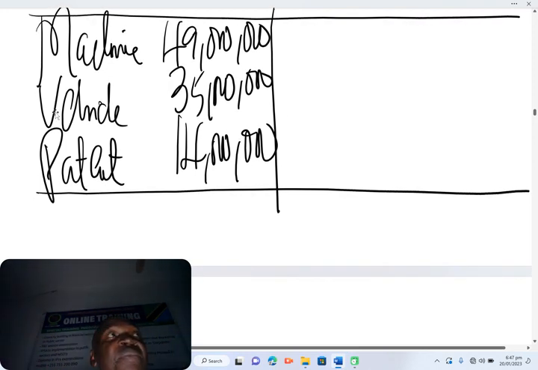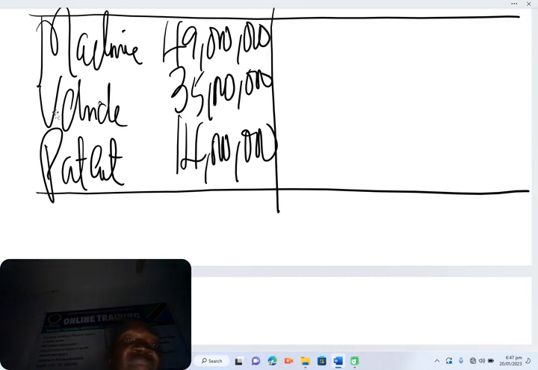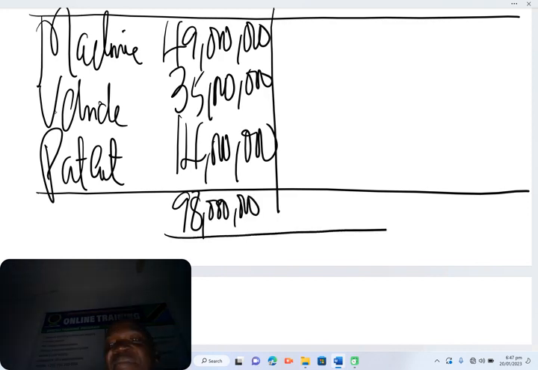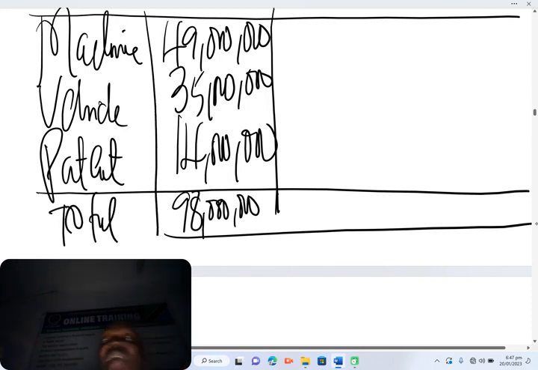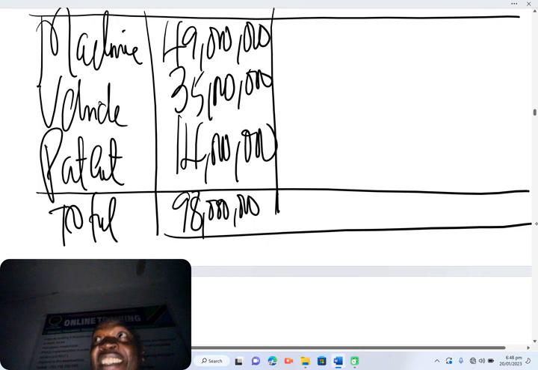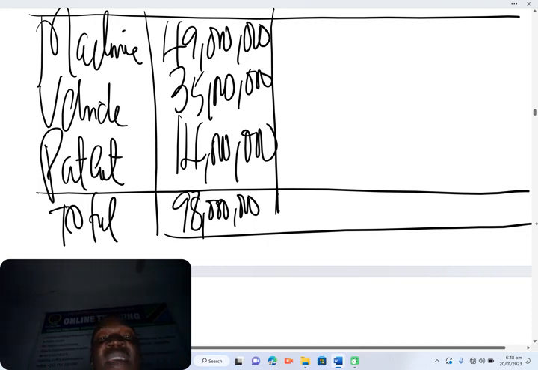What is the total amount? 98. So it is 98. Okay, this is the first step. So the remaining assets, we have 3 assets remaining, and the total is 98.